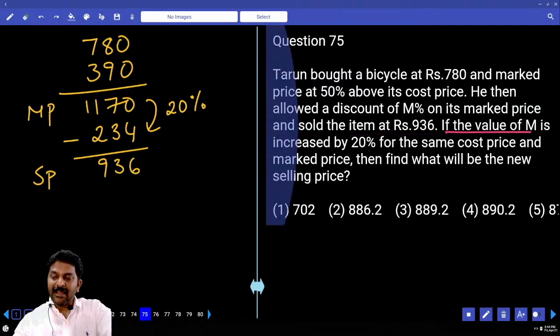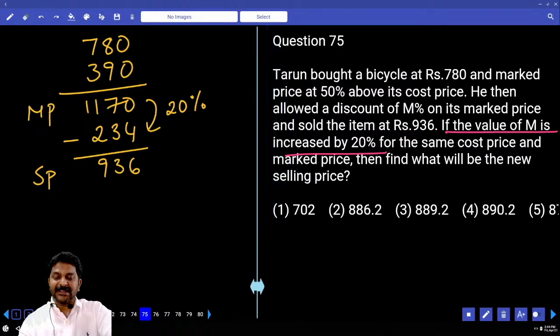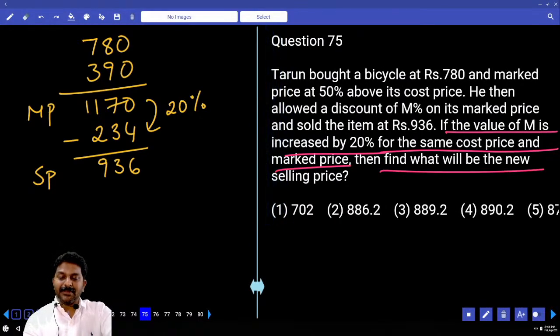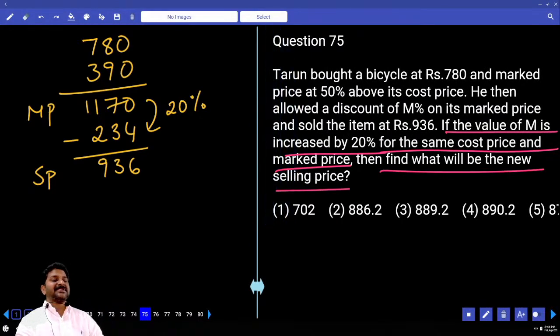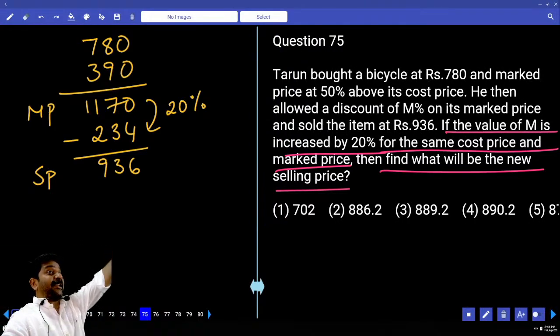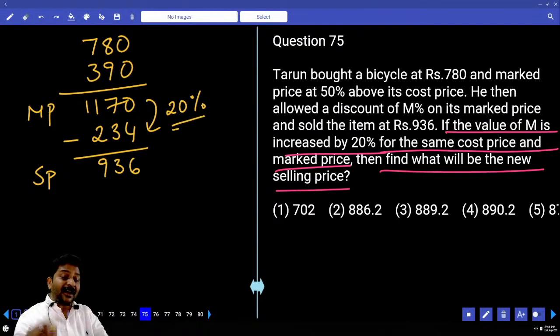Continue. If the value of m is increased by 20% for the same cost price and market price, find what will be the new selling price. What was the m value we got? 20%, and that should be increased by 20%. 20% of 20, 4 increased, 24.